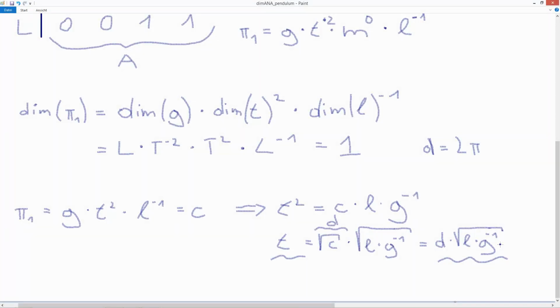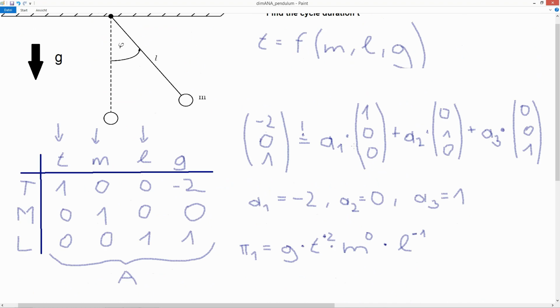One last note. I told you at this point here that you can choose any 3 linear independent columns of this matrix here. Let's see what happens when we pick different columns. So instead of picking these columns, we, for example, pick these columns here.